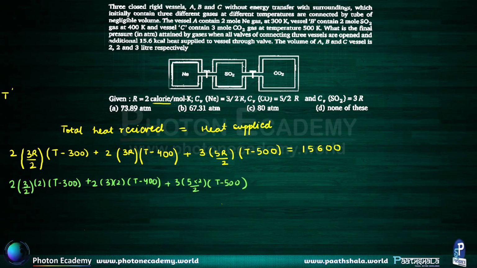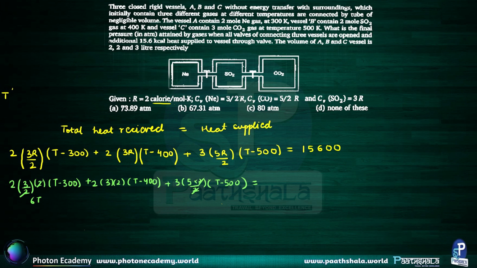These 2's get cancelled out. This 2 also gets cancelled out. Let's combine the terms now. From the first one we get 6T. From the second one we get 12T. And from the third one we get 15T. So 12 plus 15 is 27, plus 6 is 33T, right?